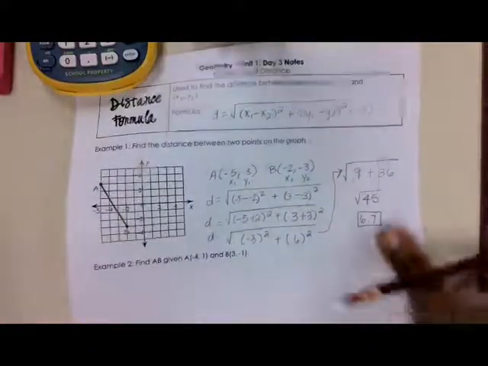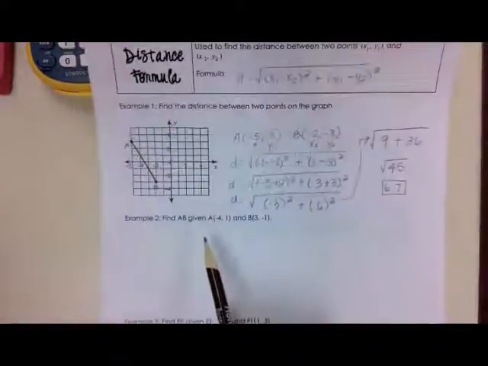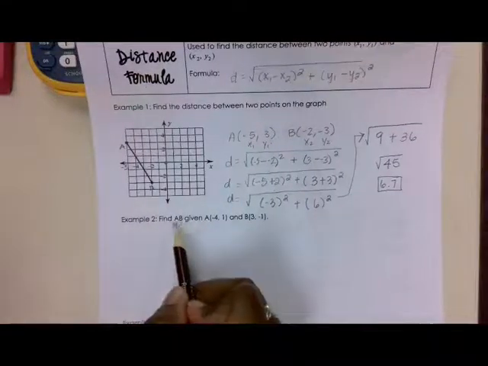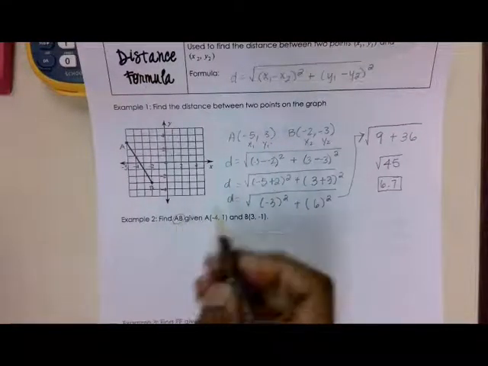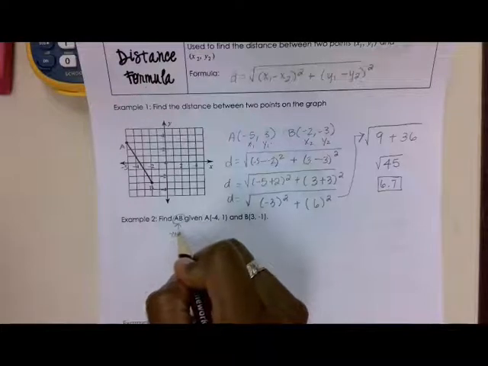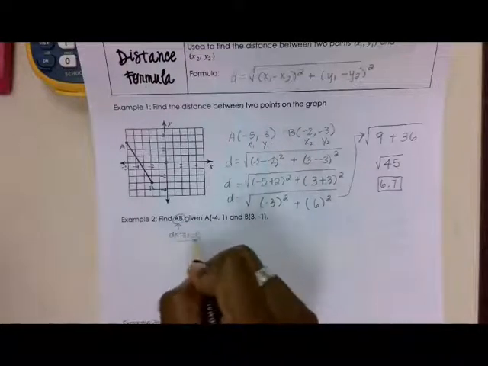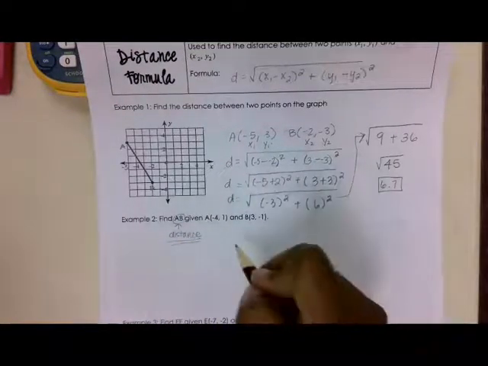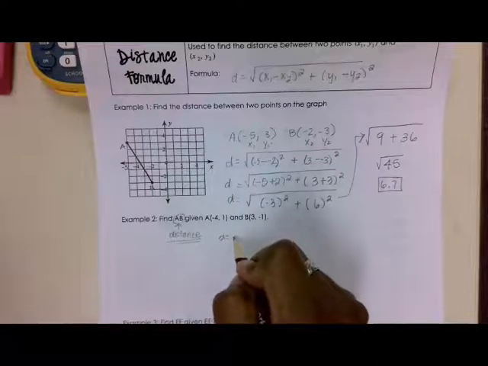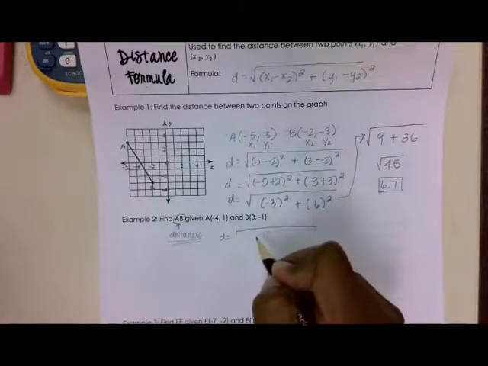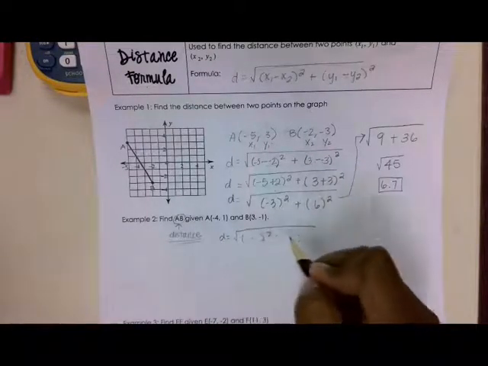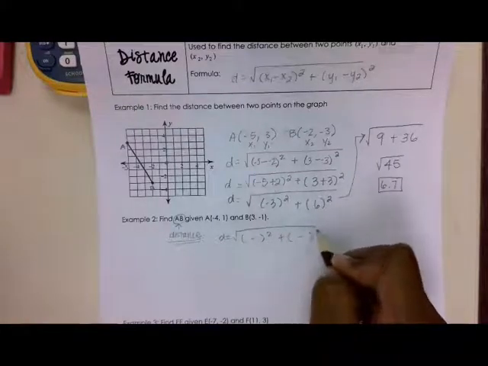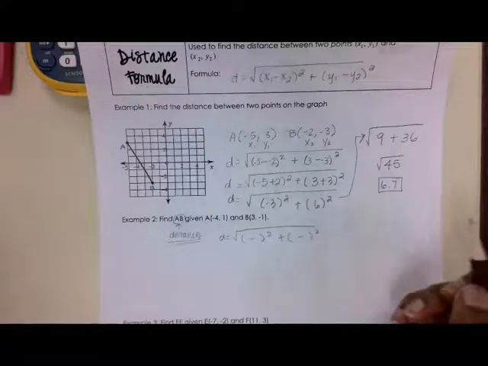Alright, I'm going to do one more. Find AB given these 2 points. So remember, when they just say the 2 letters, we're finding the distance. Okay? Alright, so distance equals, we're going to make our square root, make our parentheses with our minus, plus, and here's my minus. That should be your first step every time.